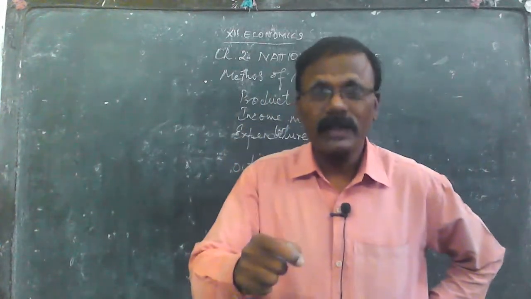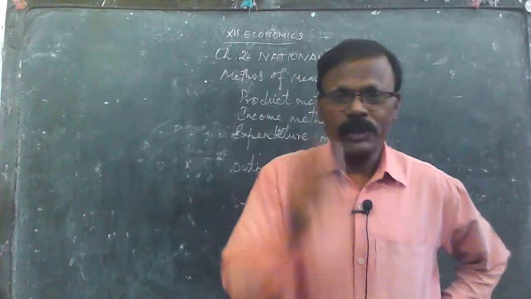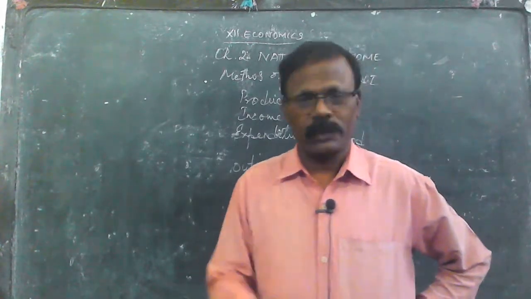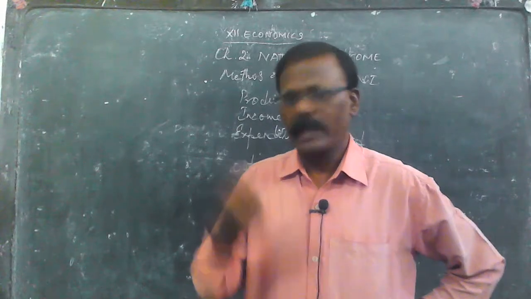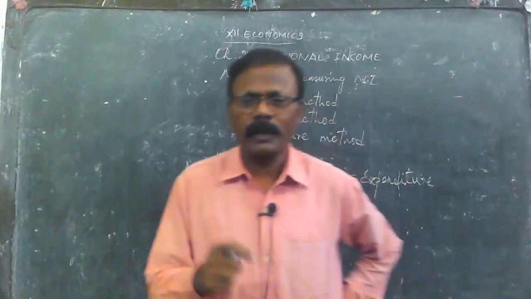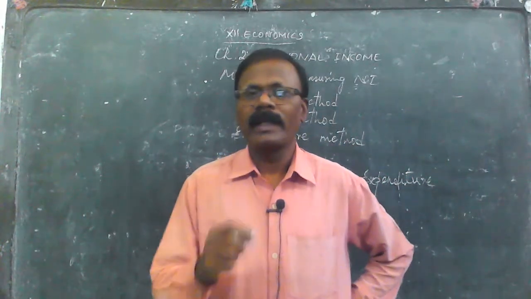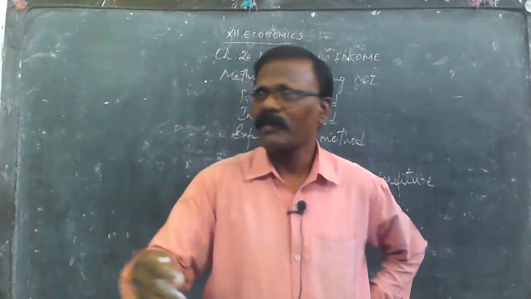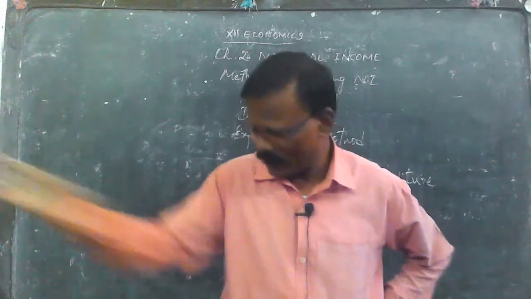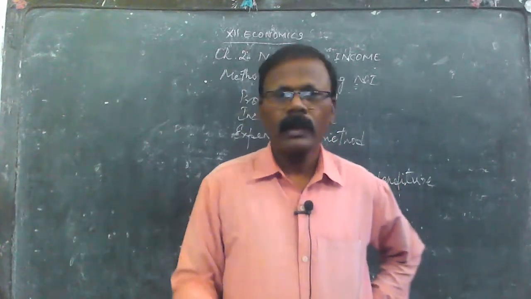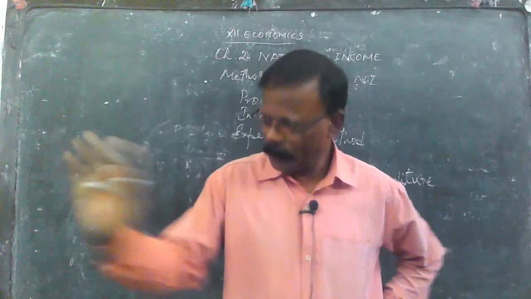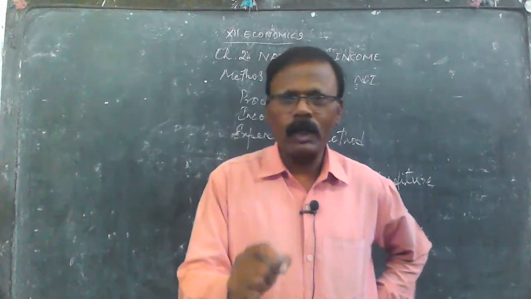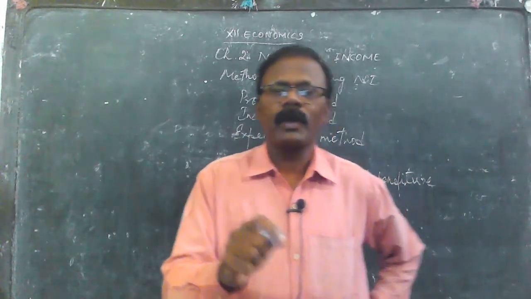So this is called the GDP at market prices. The next basic concept of national income is NDP, net domestic product. Net domestic product is the value of the net output of the economy.